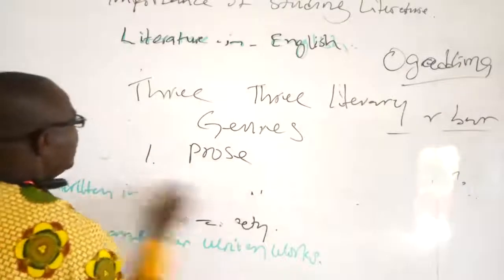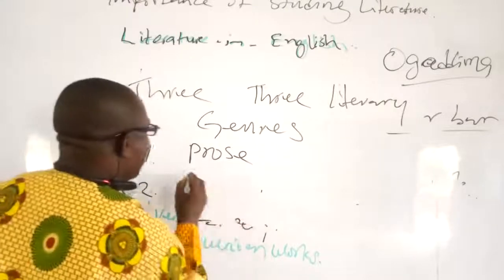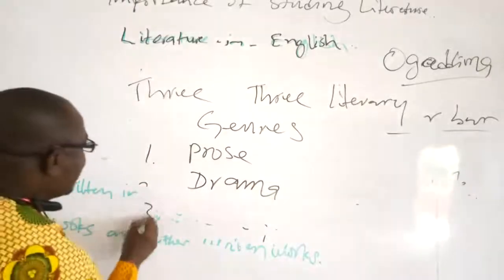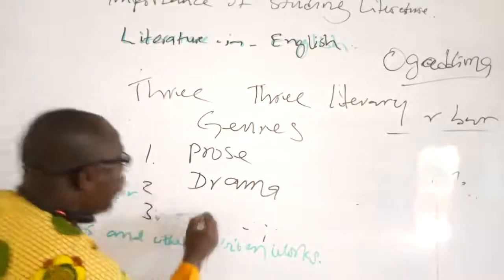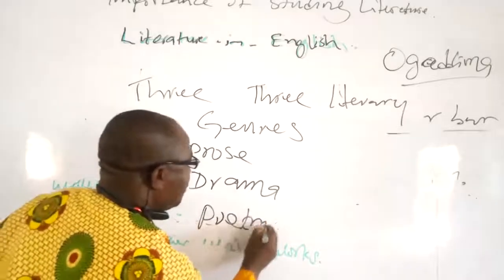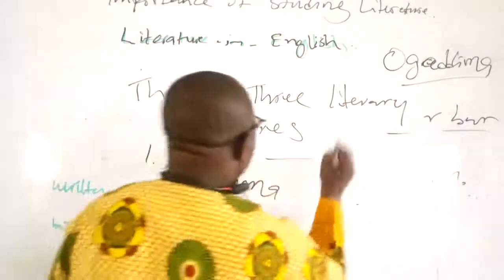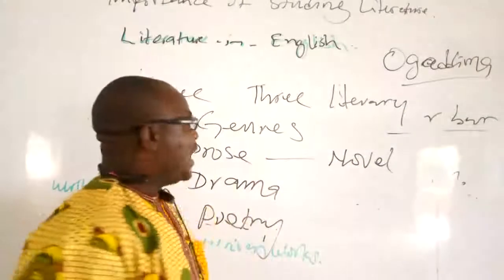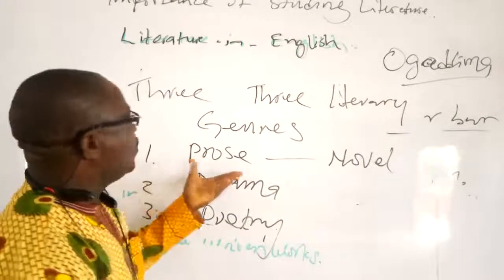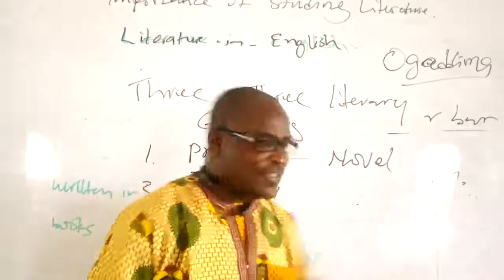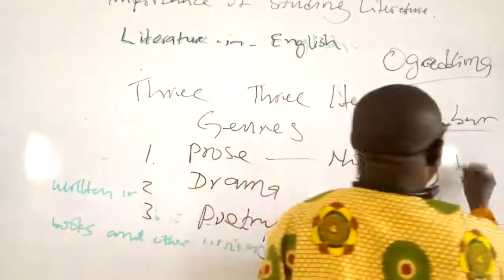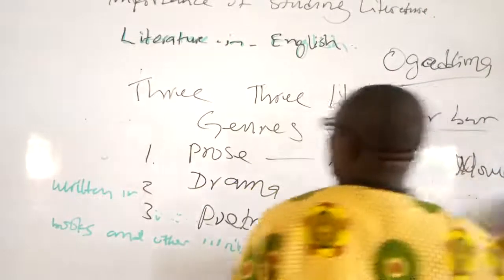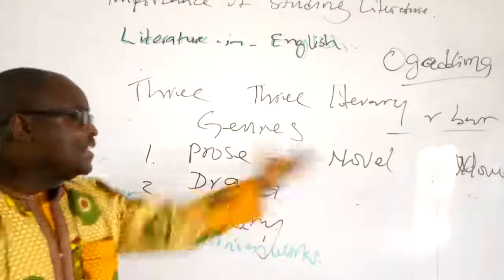Number two, drama. Then number three, poetry. Another word for prose, you can even say novel. And if I ask you, who is a novelist? A novelist is somebody who has written any literature in prose.